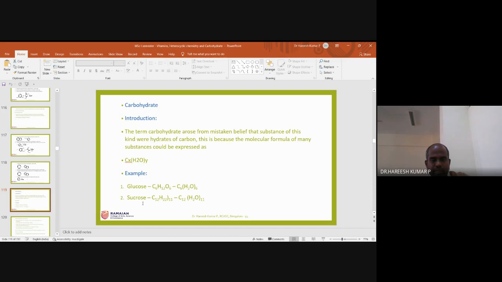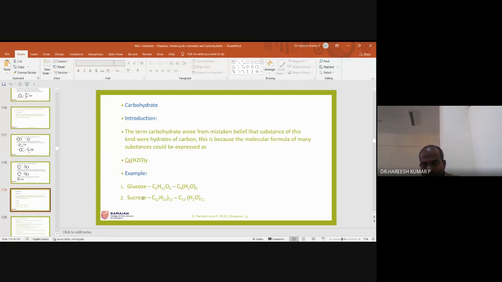Similarly, sucrose, a disaccharide, is C12H22O11, with oxygen O11 there, so we can write it as C12(H2O)11. So the general formula is applicable for glucose as well as sucrose.